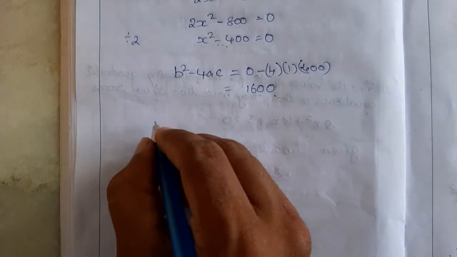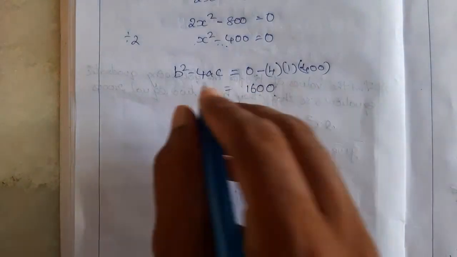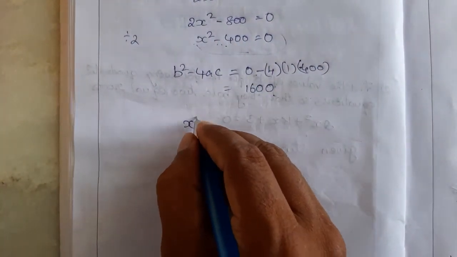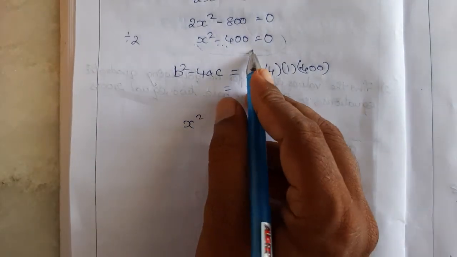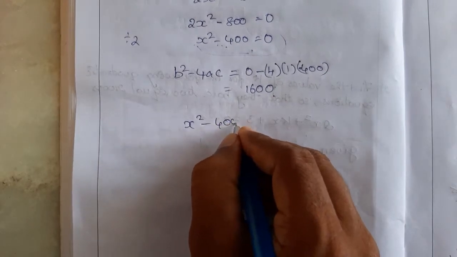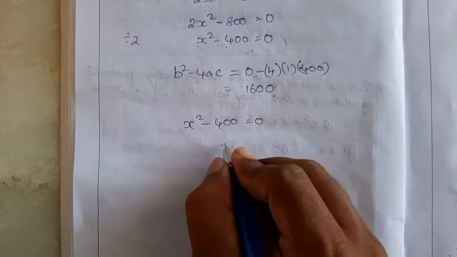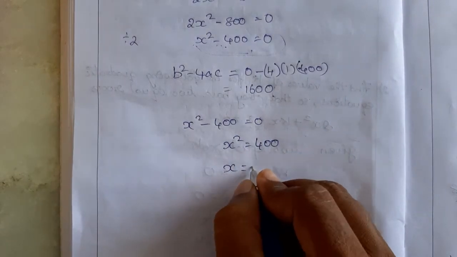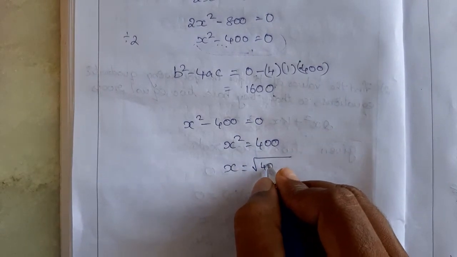So now we can find using a factorization method or a normal method. So here we can find easily just by taking it to the other side. See, you need not use the factorization method or the quadratic formula method. Look here, x square minus 400 is equal to 0. Just bring that to the other side, it will become x square is equal to plus 400 and x is equal to square root of 400.